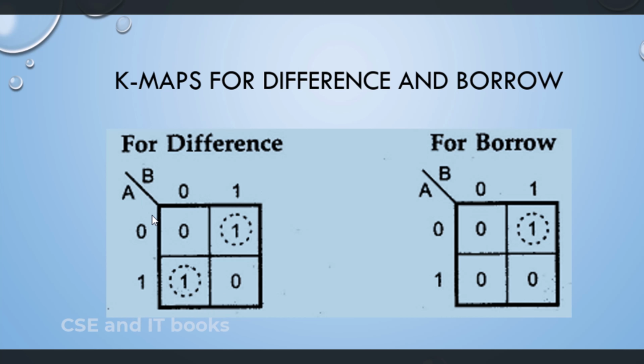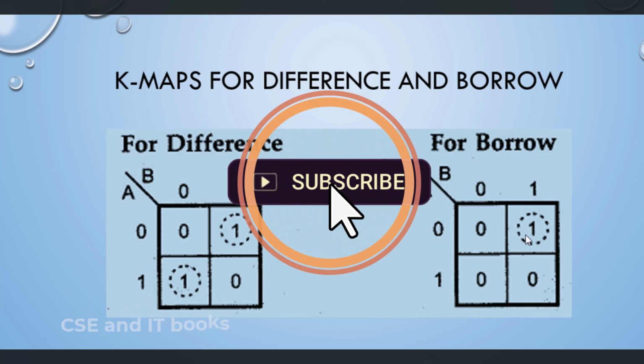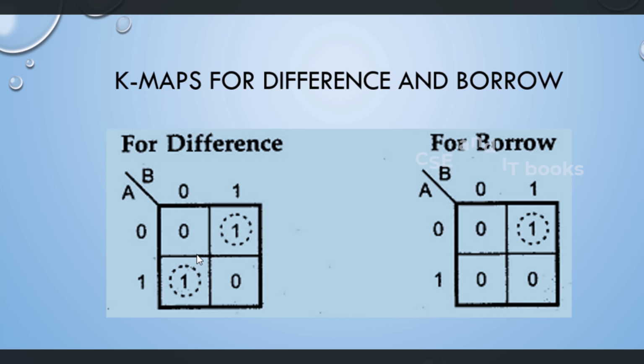Now, for the difference, when A is 0 and B is 0, we get 0 difference and 0 borrow. When A is 0 and B is 1, we get a 1 difference and 1 borrow. When A is 1 and B is 0, we get 1 difference and 0 borrow. When A and B both are 1, we get difference and borrow of 0.